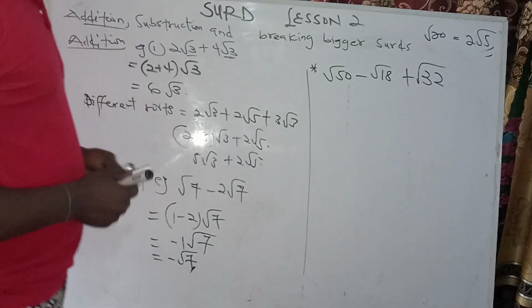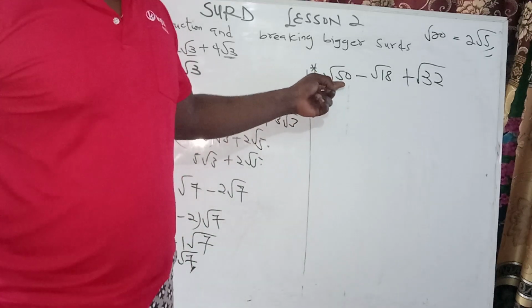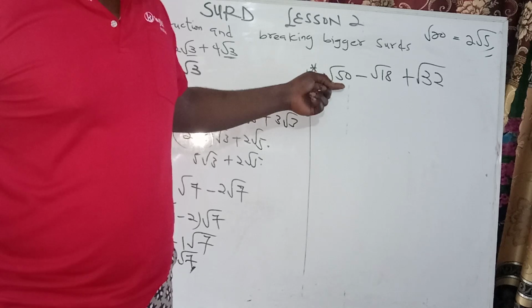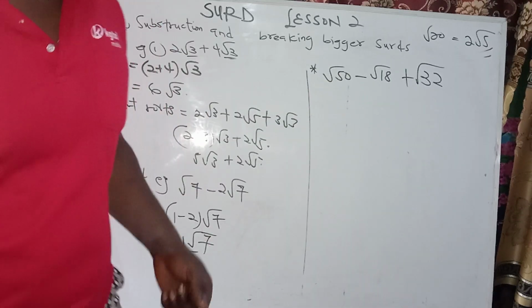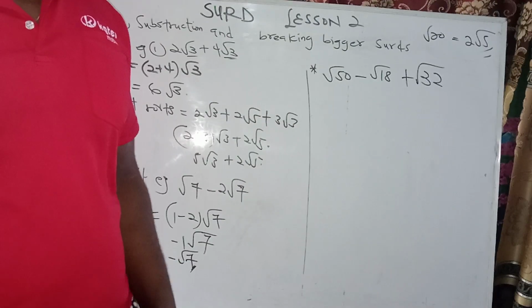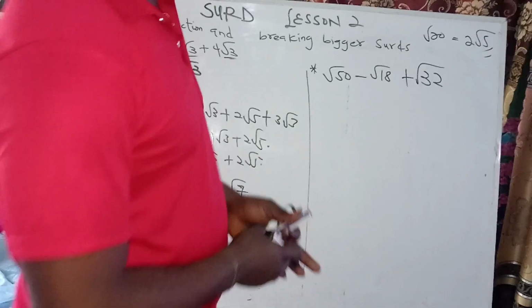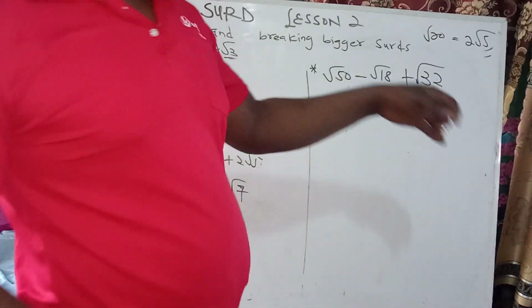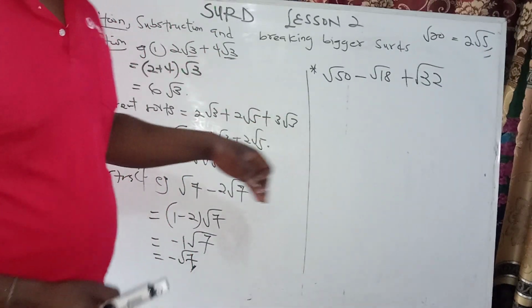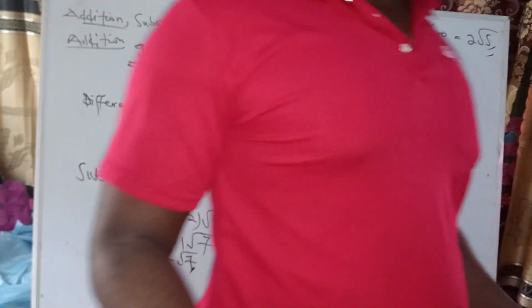So let me start counting perfect square numbers. 4 is a perfect square number because the square root of 4 is 2. So 4 times what to give me 50? 4 times 10 is 40, so it can't work.